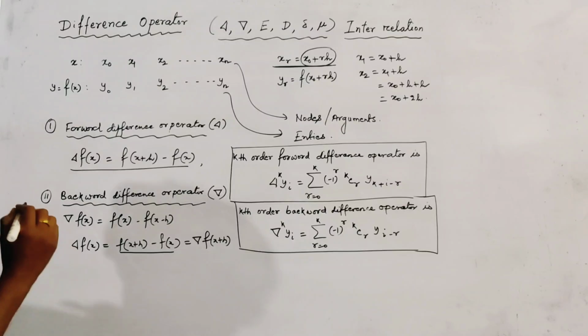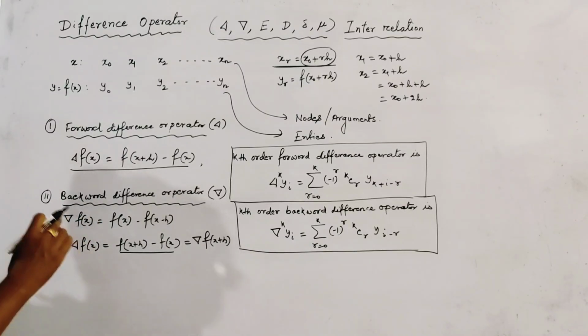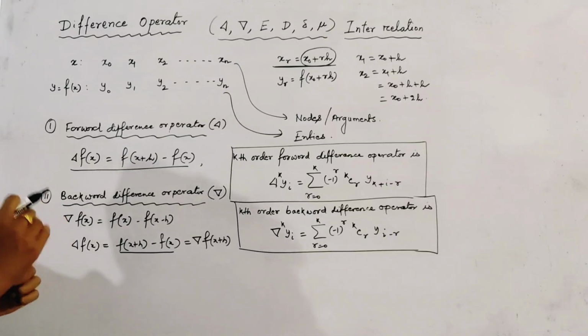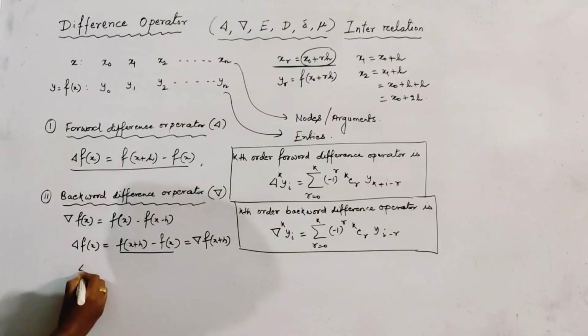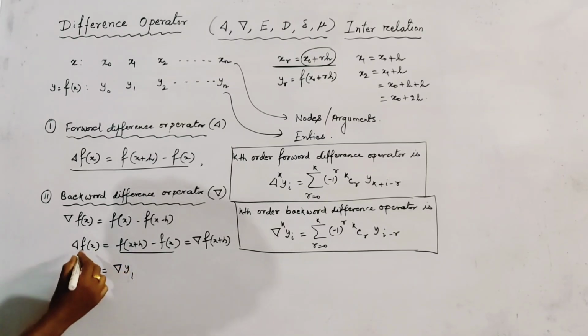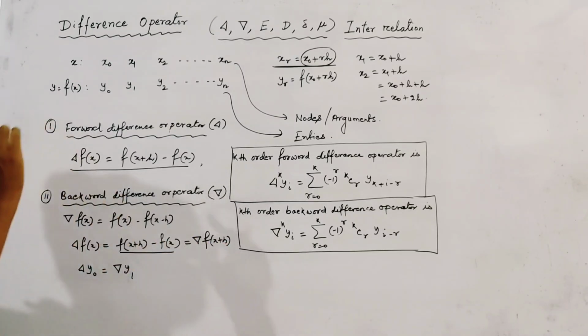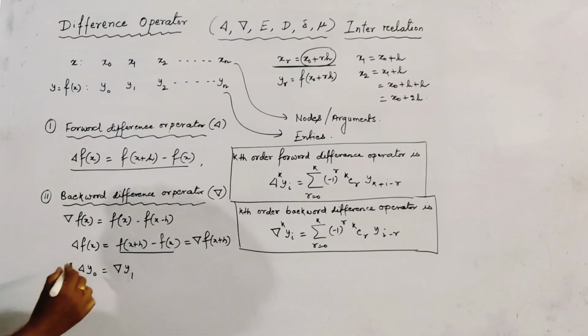Now if we put f of x equal to y0, then we get delta y0 equal to nabla y1, because f of x is y0, so f of x plus h is y1.